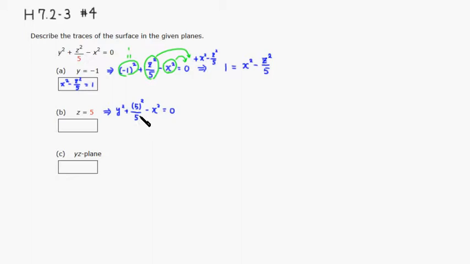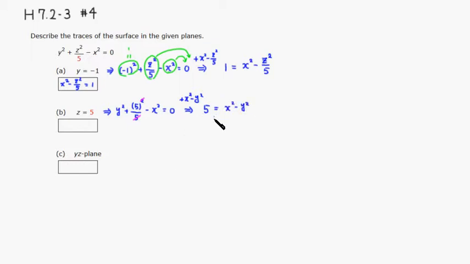Then 5 and 5 cancel out. Add x squared and subtract y squared, and you get 5 is equal to x squared minus y squared.